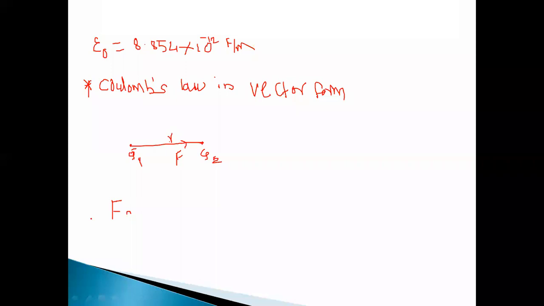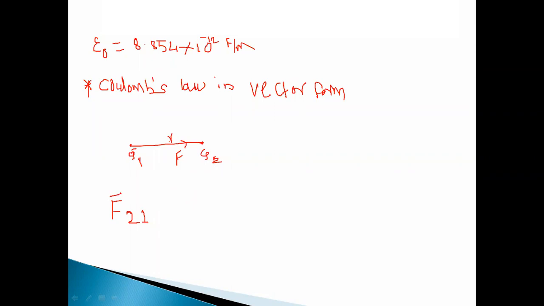Second one, Q2. On charge Q2. So that force is given by F2, and due to which charge is that force acting? Due to charge Q1. So this force is given by F bar 2 1.